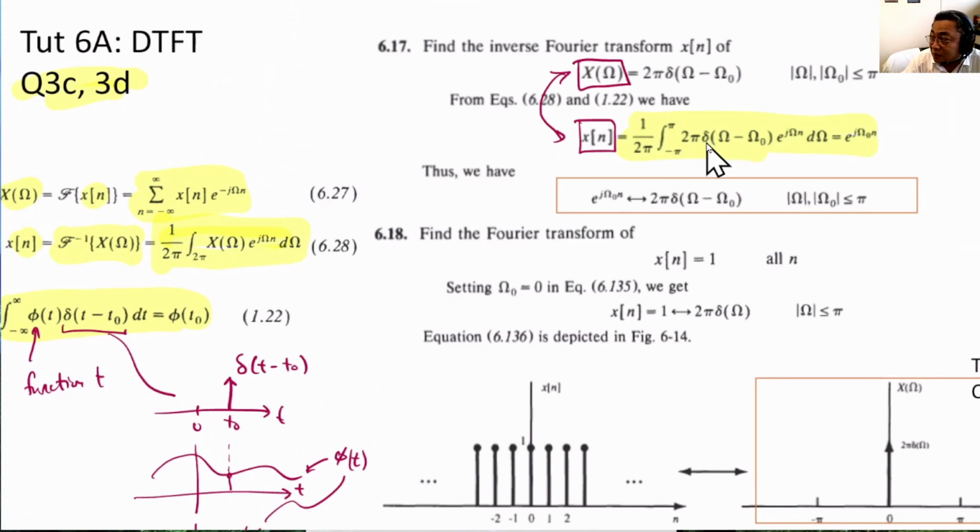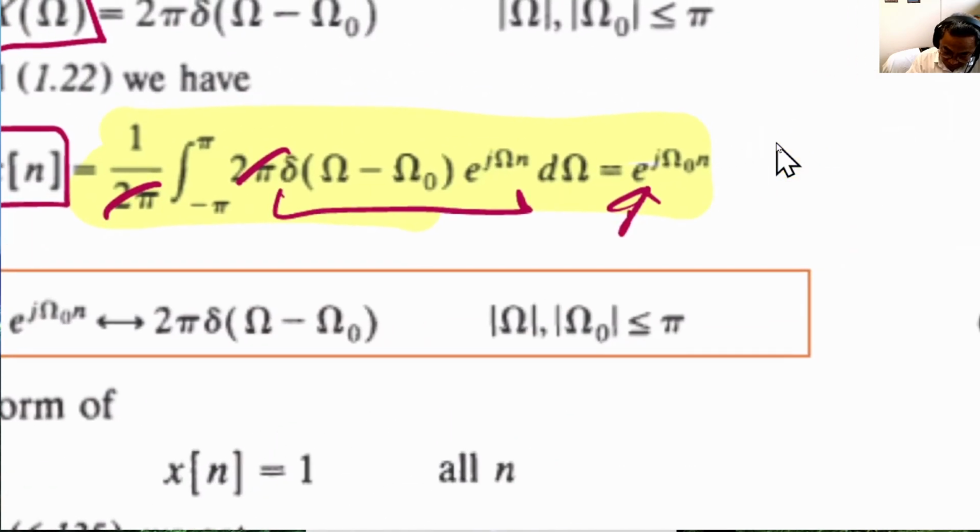So we see the delta function multiplying the complex exponential function. The 2 pi, of course, cancels, so this simply becomes this. Only at omega equals omega naught is there a non-zero value, so it's e to the j omega naught n.